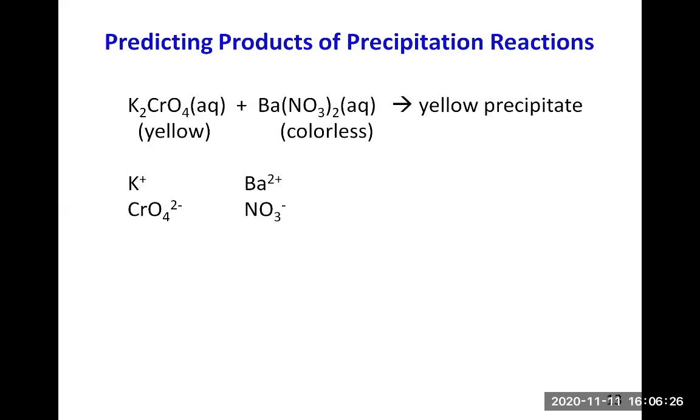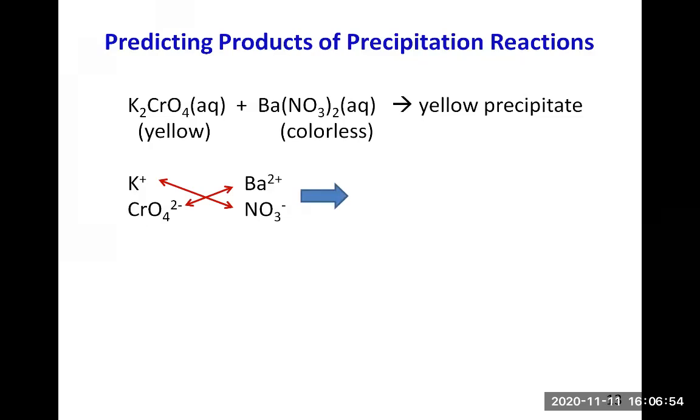Now these ions are free floating in the water and they can mingle and interchange partners. For example, the positive ion potassium can mingle with the nitrate, and the barium 2+ can mingle with the chromate. This leads to new possible products.